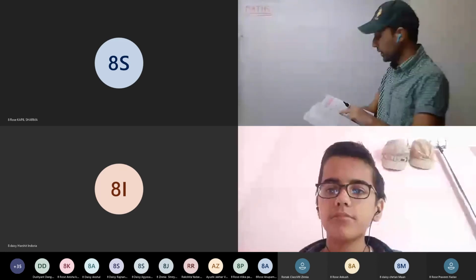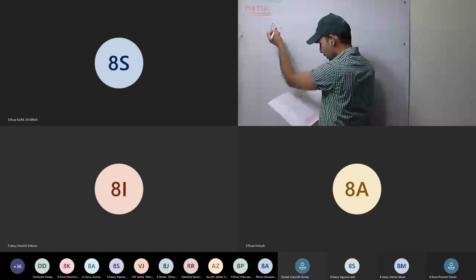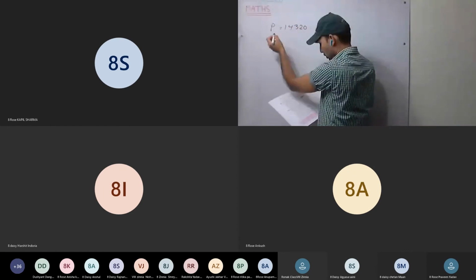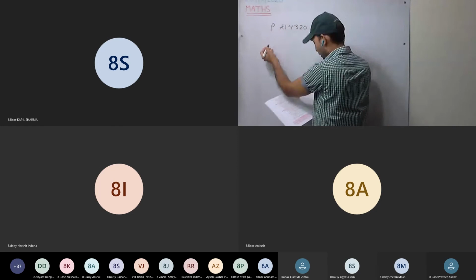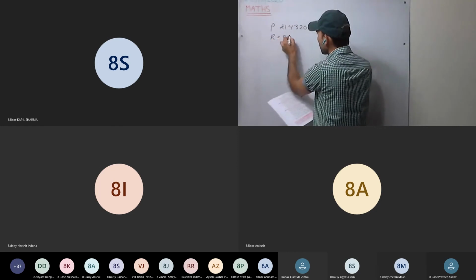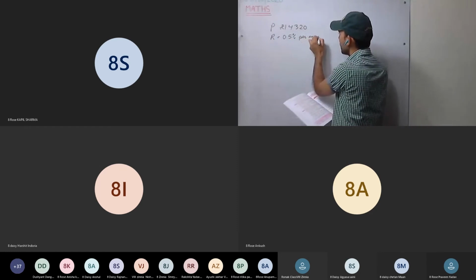Okay, now in the third question, principal is P. P is equal to how much? 14320 rupees. Next is rate R. R is 0.5% per month.